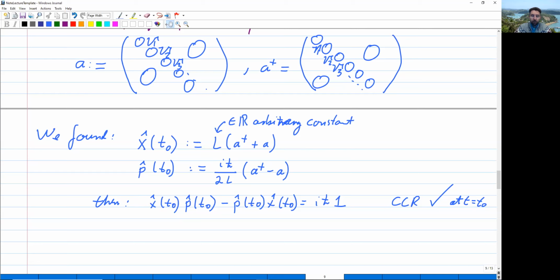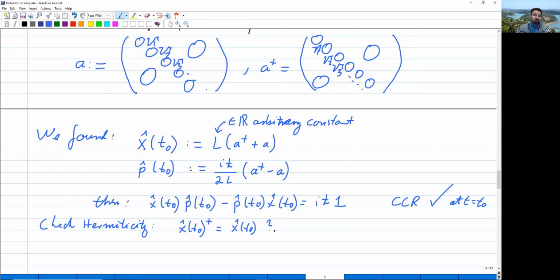We have solved the canonical commutation relations at once, except there's a catch. We still have to check the hermiticity condition. So is it true that x hat of t naught dagger is equal to x hat of t naught?